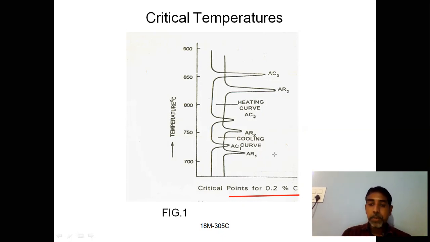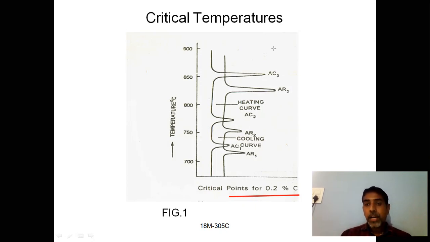Before going to that, just go through the diagram and observe the points AR1, AC1, AR2, AC2, AR3 and AC3.